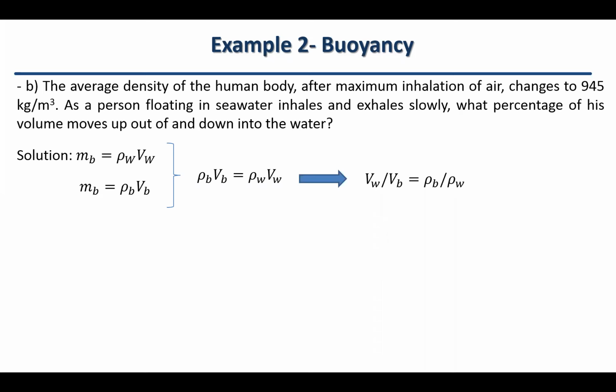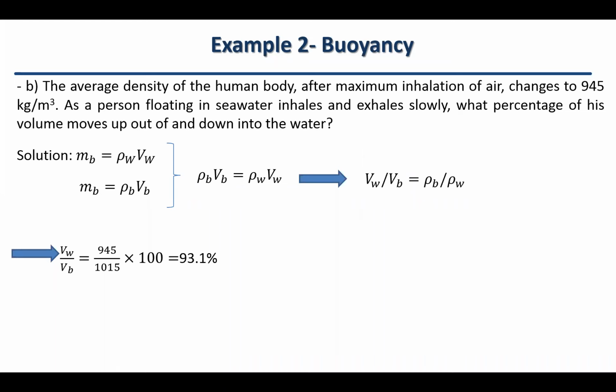The left-hand side shows the ratio, or the percentage, of the volume submerged in the water, and the right-hand side is the ratio of the density of the body to the density of the water. If we substitute that, the percentage of the body submerged is 93.1%.